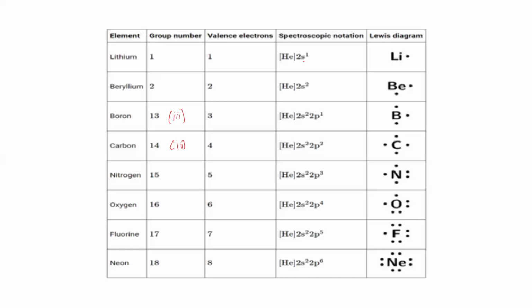We have S orbital, we have P orbital, and so forth. I'm not going to dwell too much on this because we have already done this in grade 10, just so that you see that these are the SP notations for these elements. So when they write He over here, it's an indication of helium. This is the SP notation for helium.